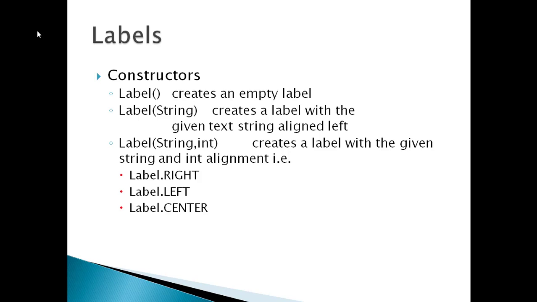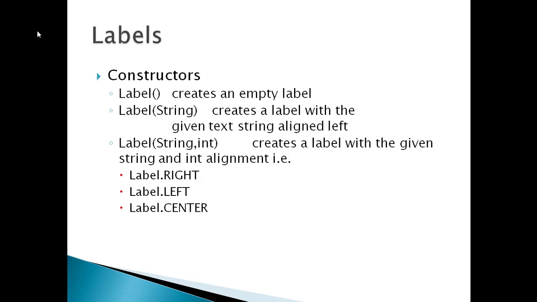First is the labels. Labels are controls which give information about other controls. Like when we see a text box, and before that text box one string is displayed, such as "enter your name". To design things like that, the Label class is important.